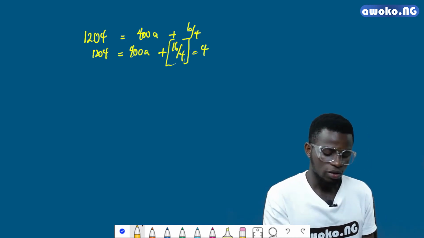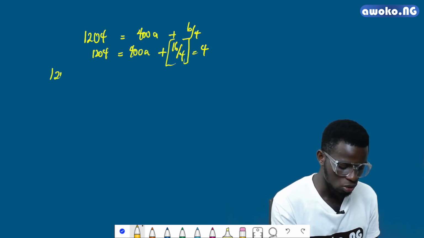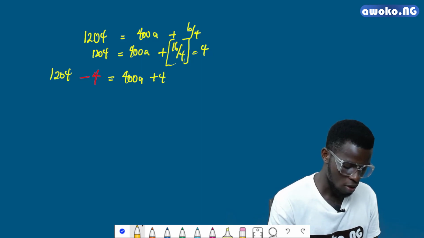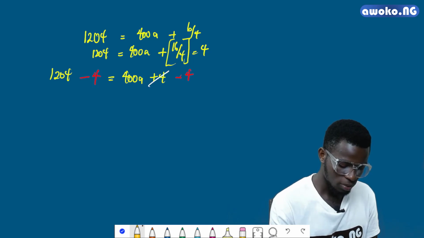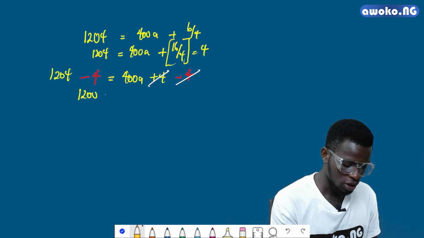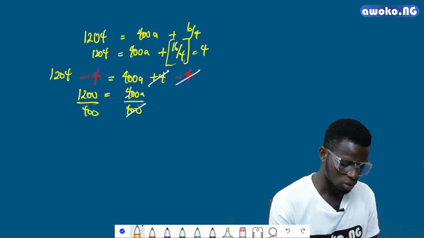So if we subtract 4 from both sides, we would have 1204 minus 4 is equal to 400A plus 4 minus 4. Of course, this will cancel out, and we will be left with 1200 equals 400A. Dividing through by 400 gives us A is equal to 3.